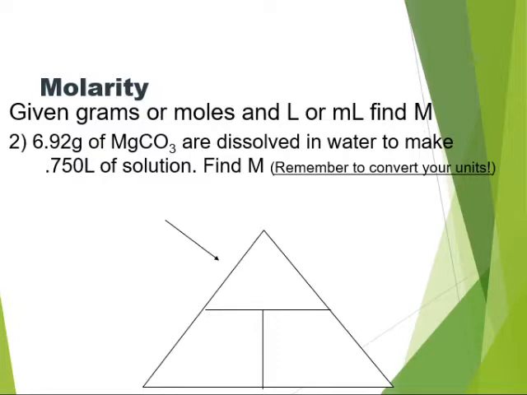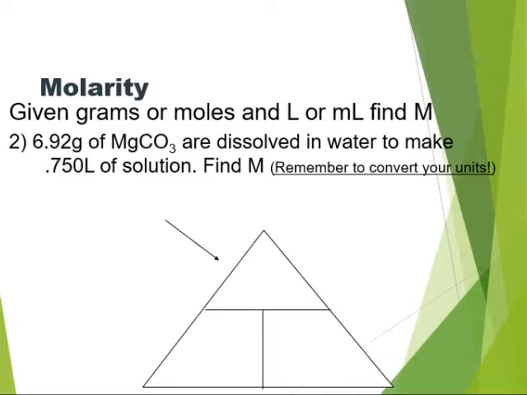So, given grams or moles and liters or milliliters, find molarity. We're going to start here with 6.92 grams. Notice, this is not in moles. You all learned how to calculate molar mass and how to take grams to moles. You will need to do that.